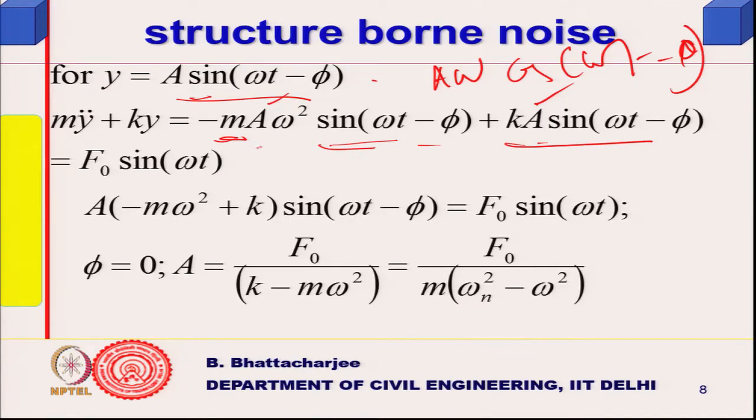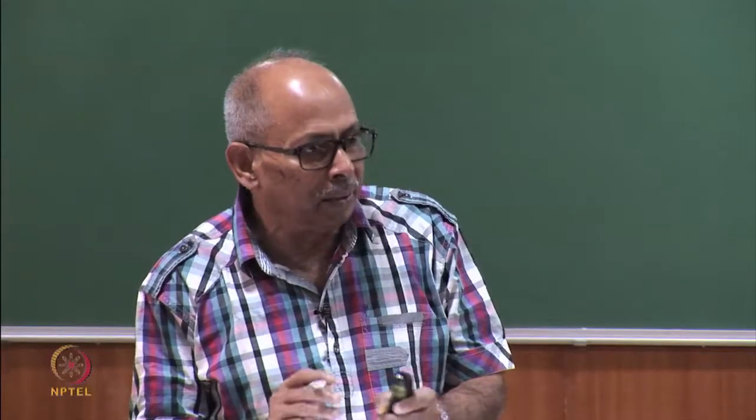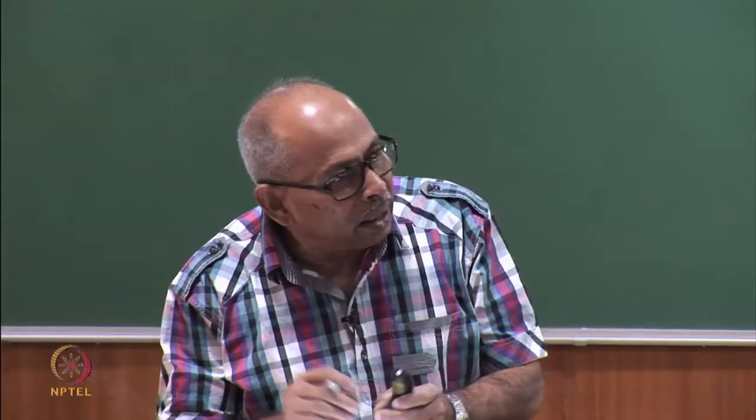If I take a common from these two, I get a times (minus m omega square plus k) sin omega t, and the right hand side also F0 sin omega t. So, at phi equal to 0, the phase angle is 0; phi is not 0 when its starting point is different.